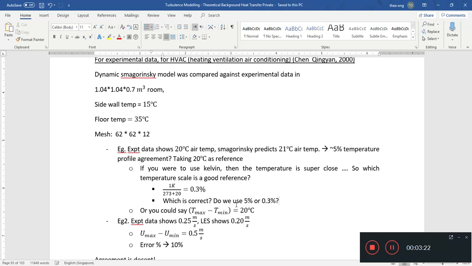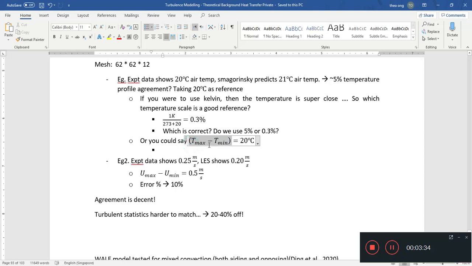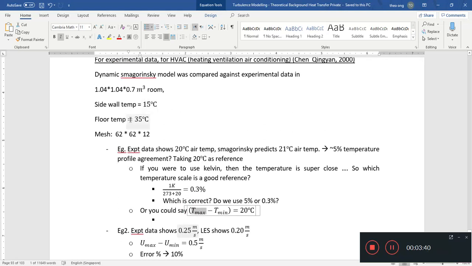To eliminate some discrepancy, you could say this: the relevant temperature scale is maybe Tmax minus Tmin. Tmax is 35 degrees at the floor, Tmin is 15 degrees.